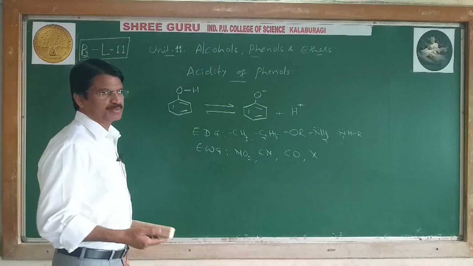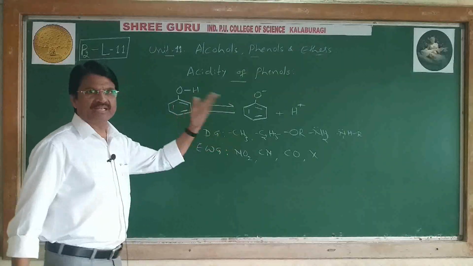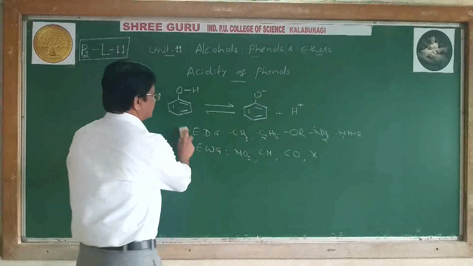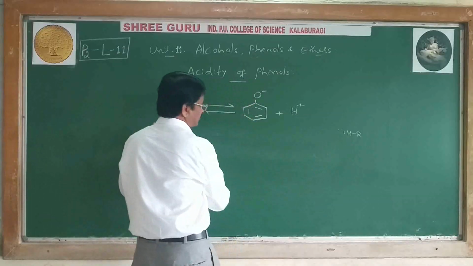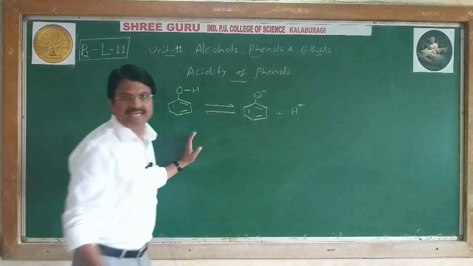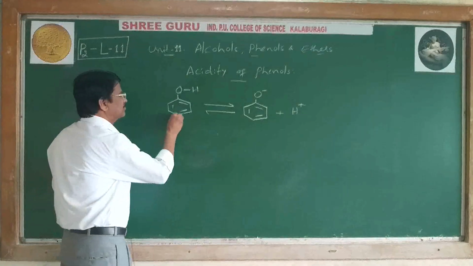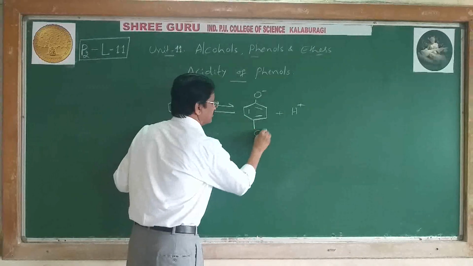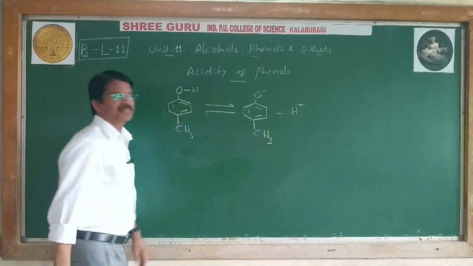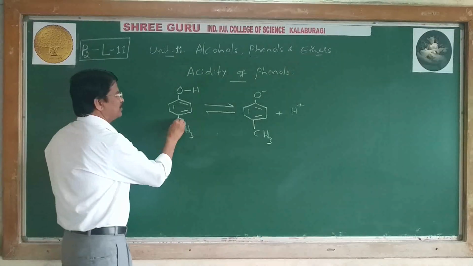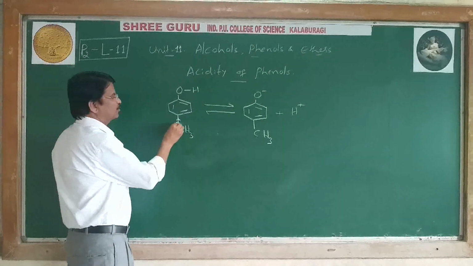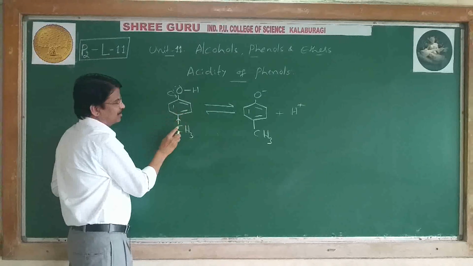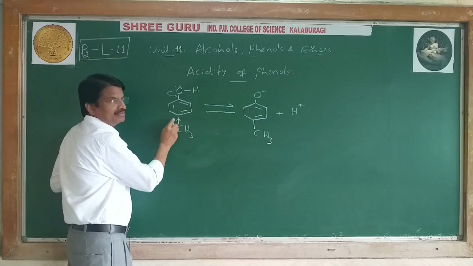Next, I will explain the effect of methyl group. Effect of methyl group or electron donating group. Now see here, what happens when methyl group or an electron donating group is present. Methyl group is said to be an electron donating group, and here electron pairs are moving towards the benzene ring, but through sigma bond, meaning inductive effect.